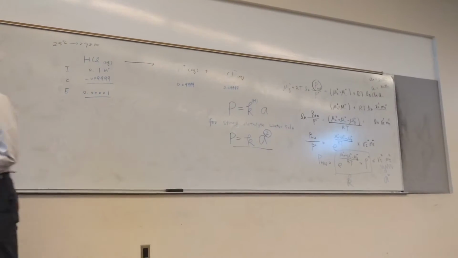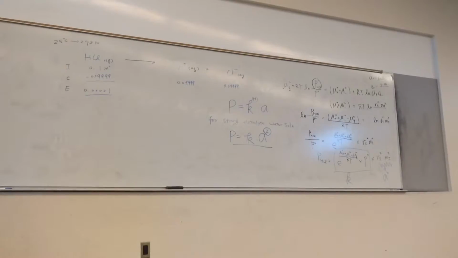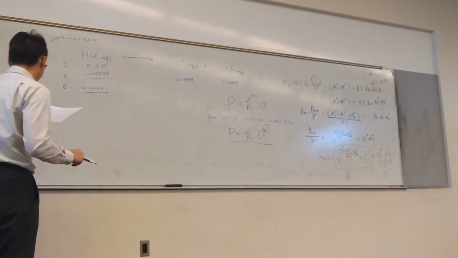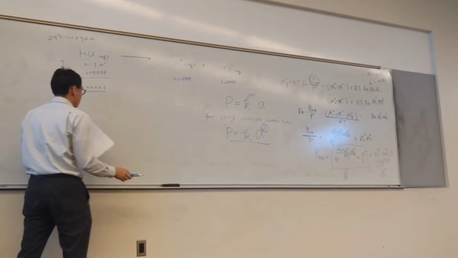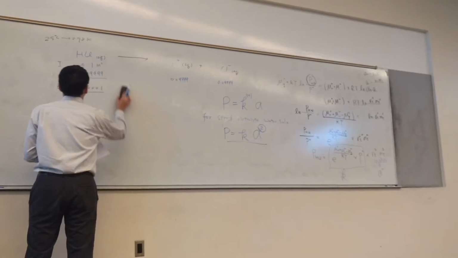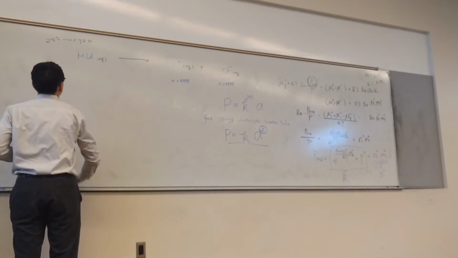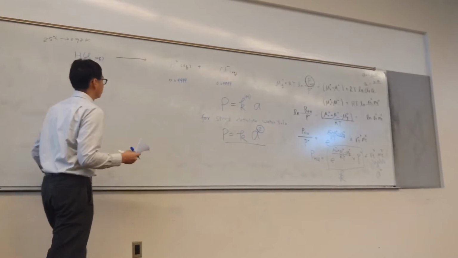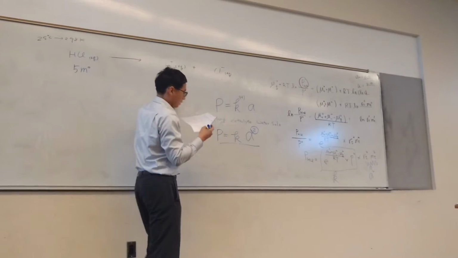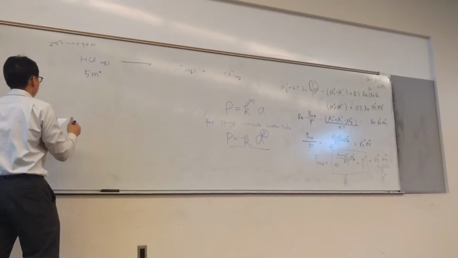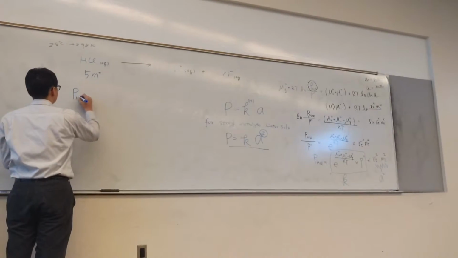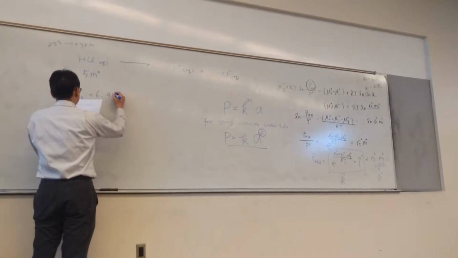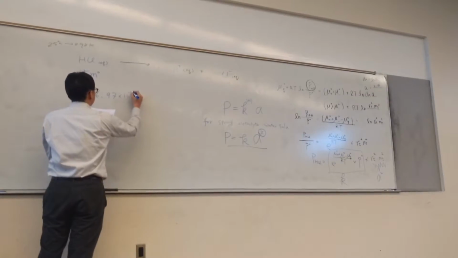Alright, so if you go to page number 13, there will be an example for this. It says inside your systems you have HCl, and then it gives you the vapor pressure of the HCl is going to equal to 6.97 times 10 to the negative 5.